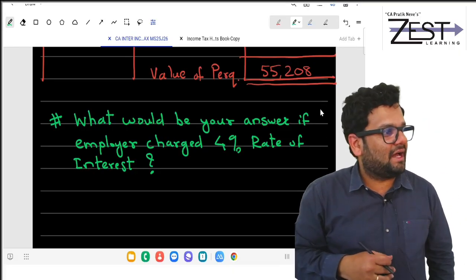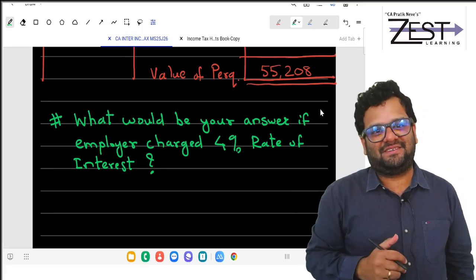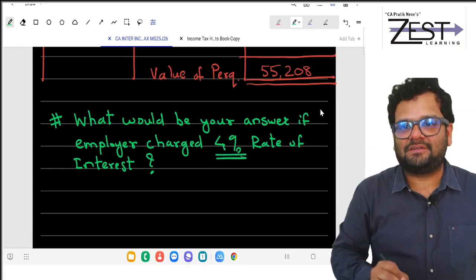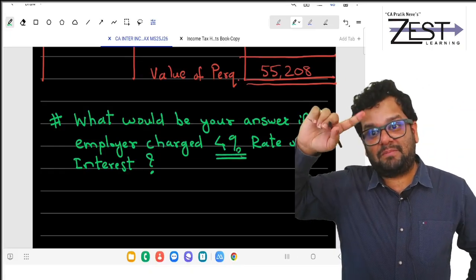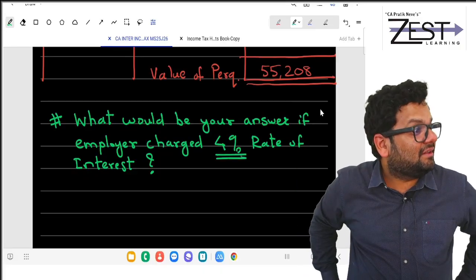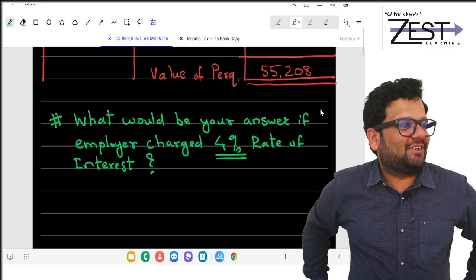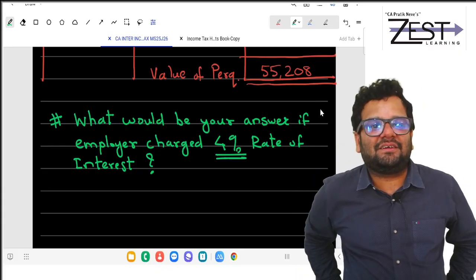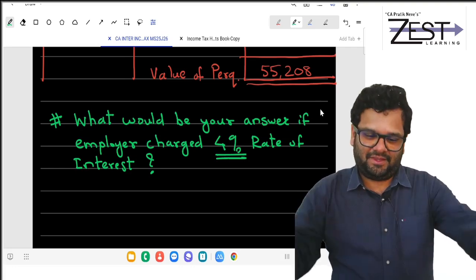Why? Because as an employee I am asked to pay interest. What interest I am asked to pay? 4%. But the actual interest that the bank would have charged is 10. So I am getting a concession of what? 6%. So valuation will happen at 6%.